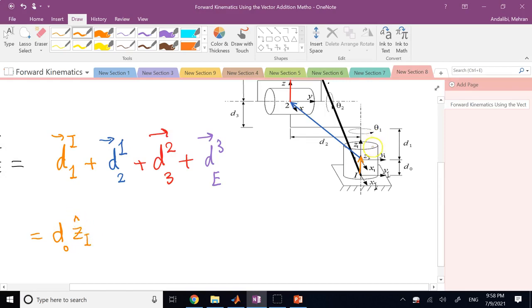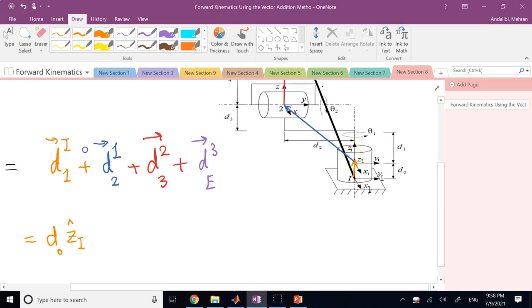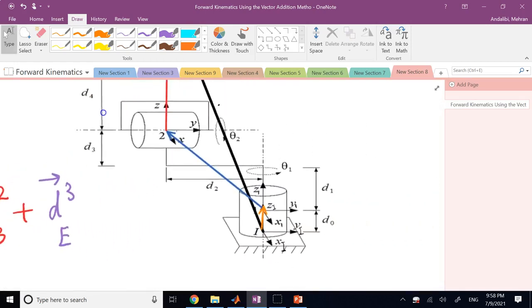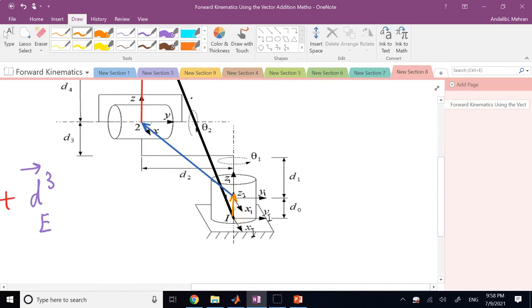Correct? Now, note that here, frame I is completely stationary. Okay, frame I is absolutely stationary. It doesn't rotate, and it is attached to the ground. What about frame 1? Frame 1 is attached to what? Just like the DH method, it is attached to the rigid body that is coming next to it, although in DH most of the time you site it toward the end of the link.